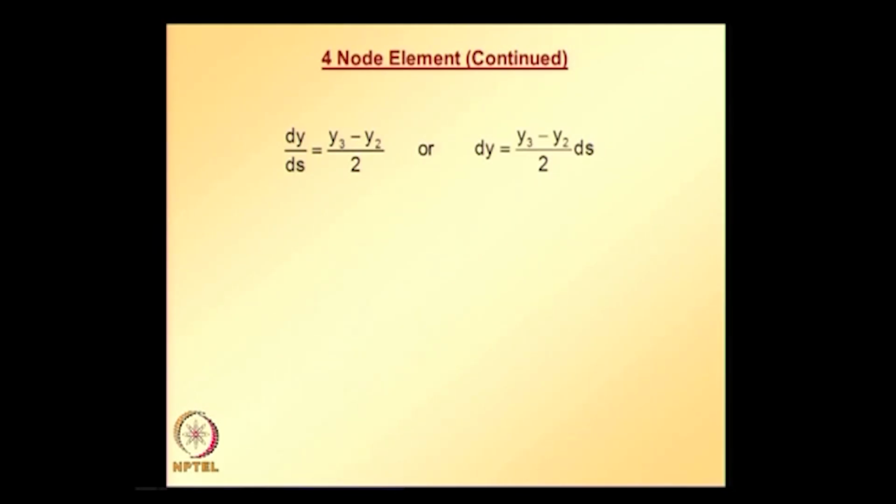Once we have this, we can easily write the Jacobian transformation of the local coordinate system along side 2 3 of the actual element and the local coordinate system along side 2 3 of the parent element.